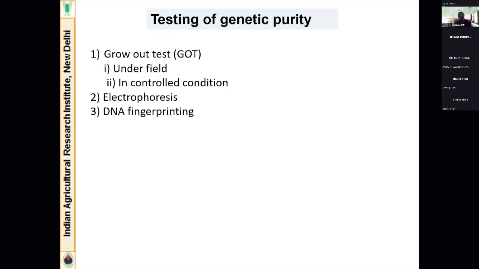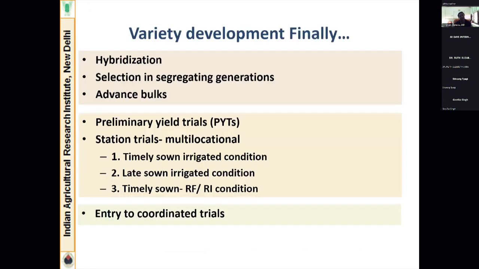For testing of genetic purity, there is grow-out test under field condition or in control condition, electrophoretic methods, and DNA fingerprinting. So finally, varietal development is hybridization, selection in segregating generations and advanced bulks. Then come preliminary yield trials, which we call PYTs, and station trials.